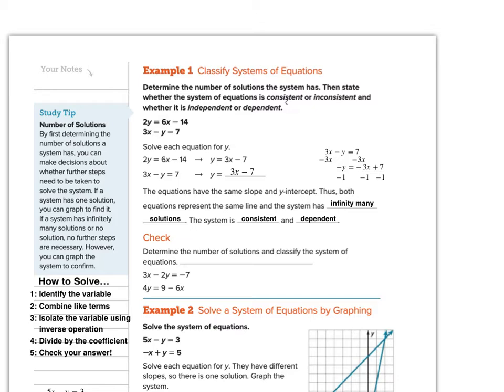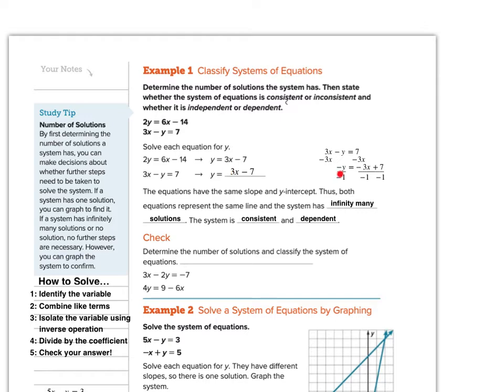Once we get it into slope-intercept form, we can make that determination whether it is parallel or not. That's a quick fix right there. We know that these two lines are parallel, but if you'll notice, they also have the same y-intercept. So those are two identical lines, just presented to you in a different form, but the same value.